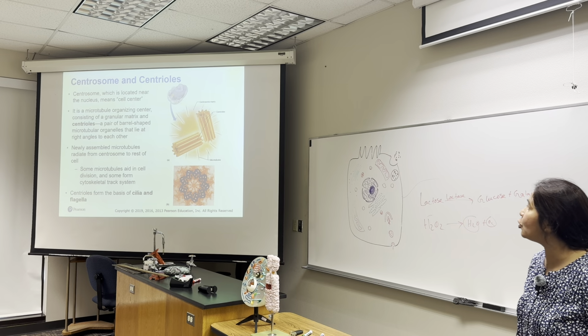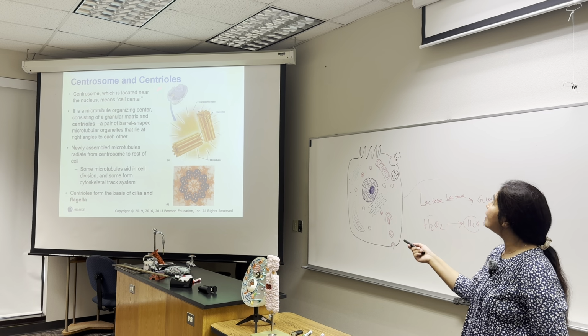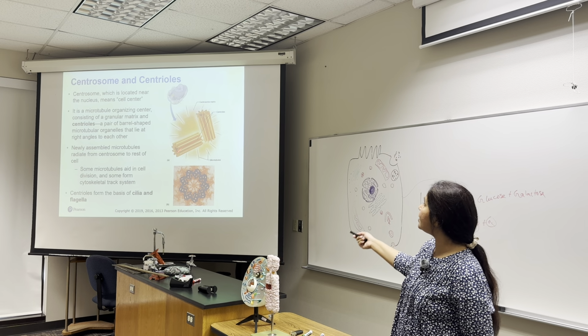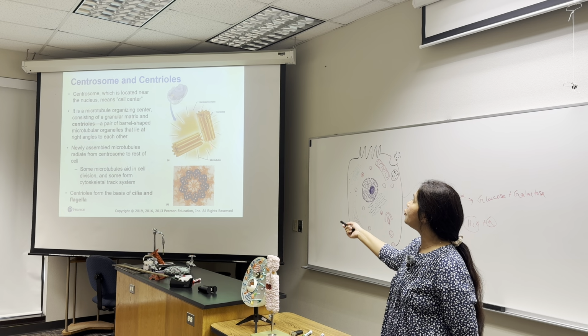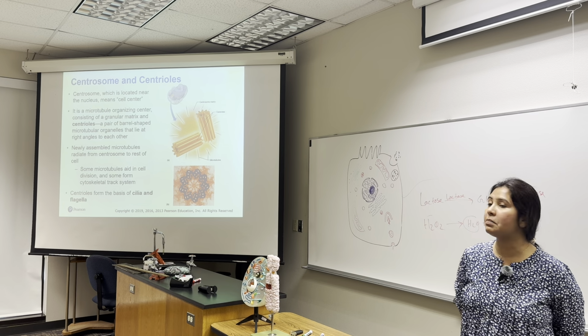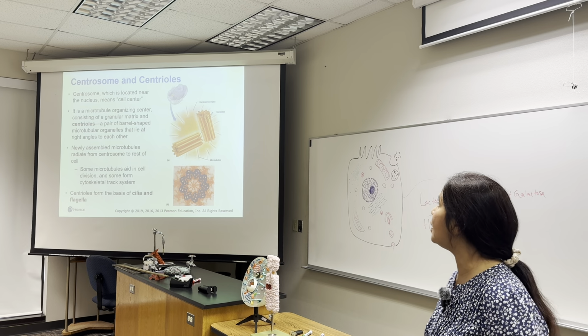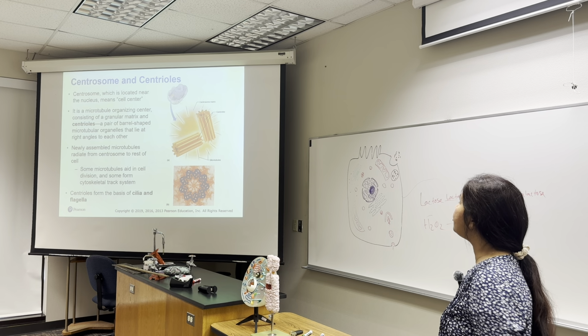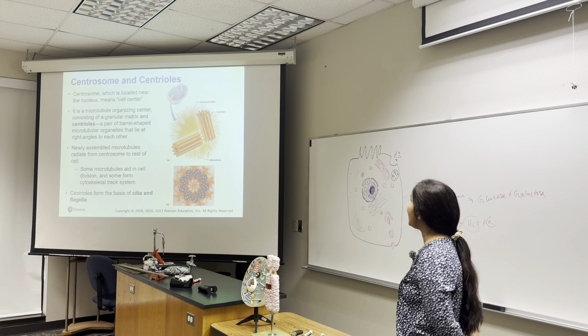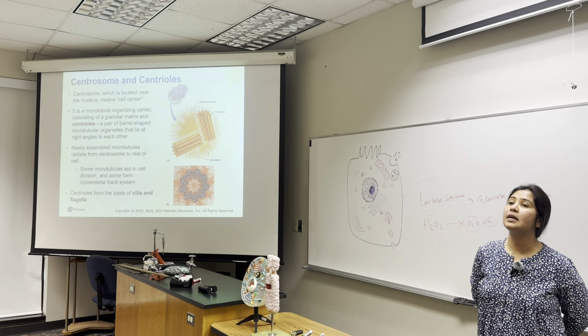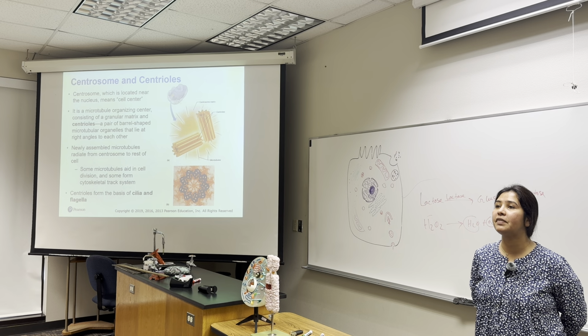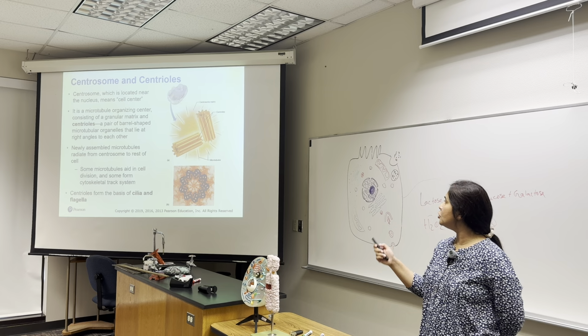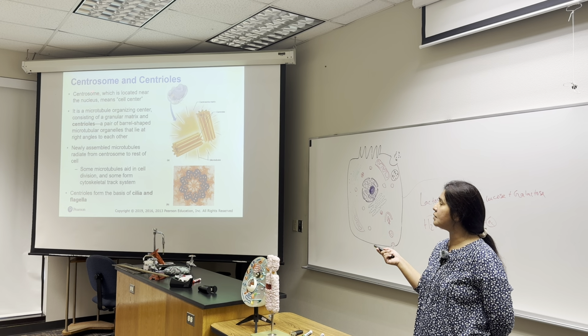And also the microtubules together make the centriole, and two centrioles together is called the centrosome. Whenever I talk about cell division, I will talk about how the centriole and centrosome help you divide the cell. So what is the function of the centriole and the centrosome?